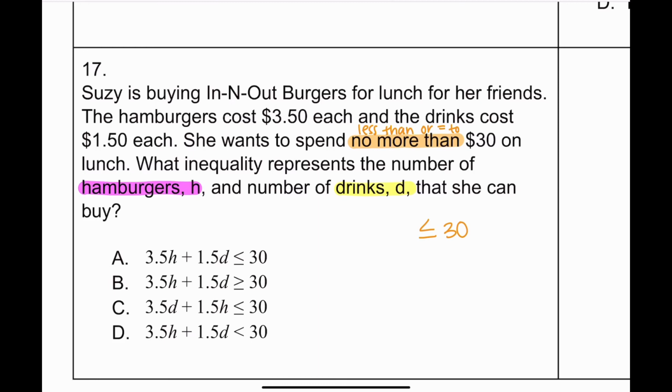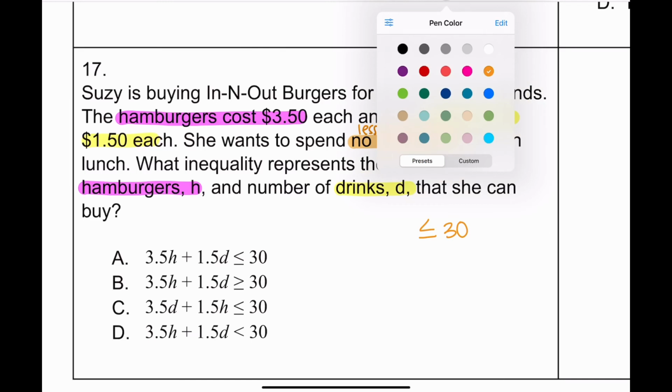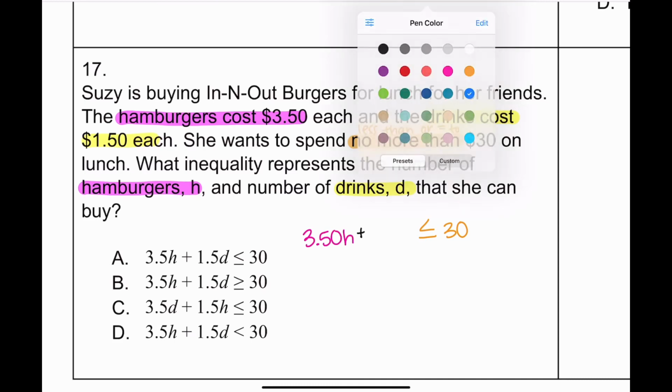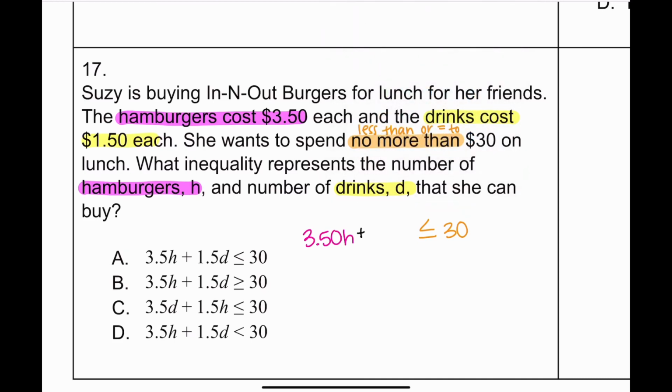Okay, if hamburgers cost $3.50 each and drinks cost $1.50 each, we need to set up that $3.50 per hamburger, so $3.50 times however many hamburgers she gets, plus $1.50 times however many drinks she gets.